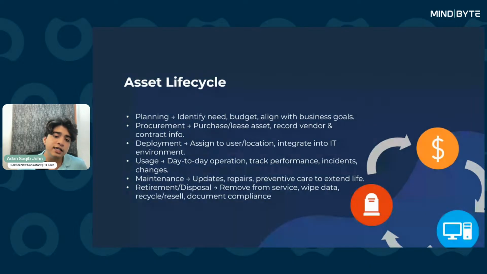So when you track each stage, you can control the cost of those assets by maximizing the asset lifespan. And it also helps you stay compliant, like I mentioned before, with regulations and warranties and contracts. It also helps you support sustainability by reusing those assets or recycling those assets responsibly instead of just disposing them off.